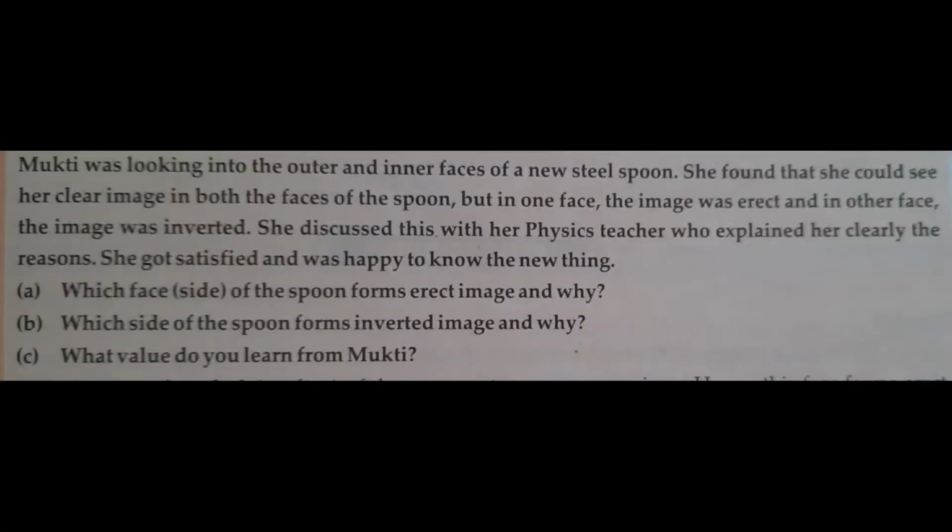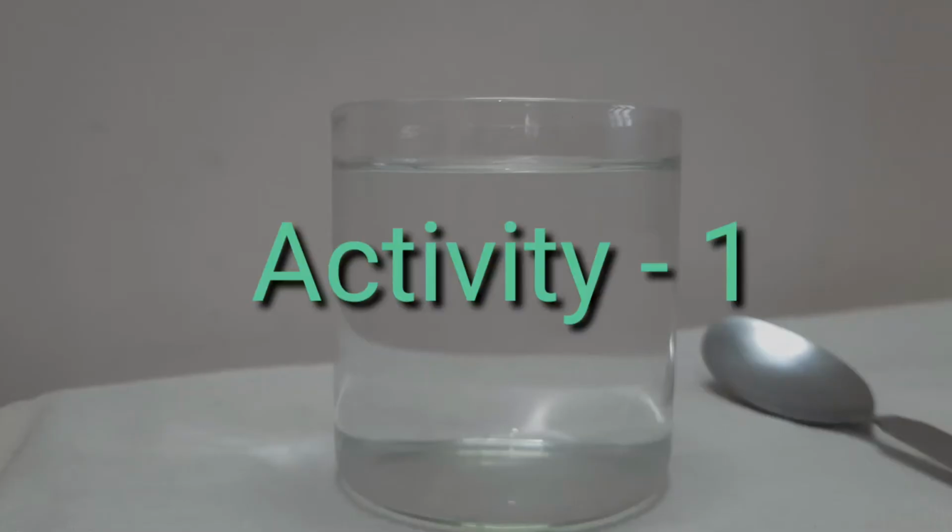Sky is here. This is the inverted image. Third question, what value do you learn from Mukti? We learn from Mukti that if we observe anything new around us, we should discuss it with our elders and teacher to gain more and more knowledge.